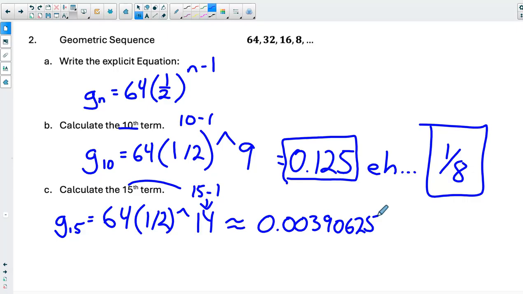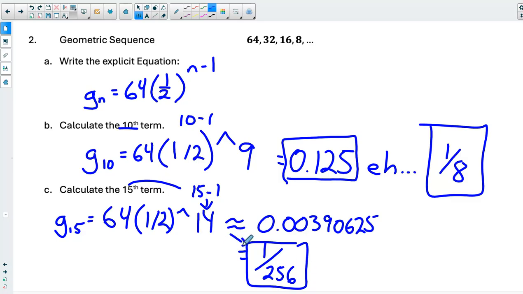If I typed it in a computer, it gave me an even longer one. We don't want to approximate. So let's all do that. Hit second, and then PRB, and then enter. And that gives me exactly 1/256. So on this one, that's my answer.